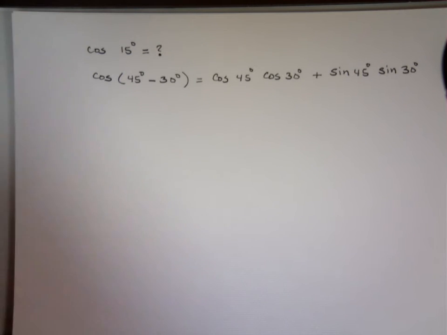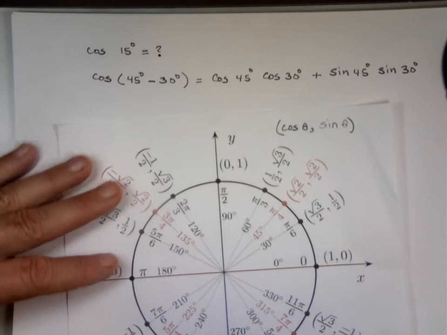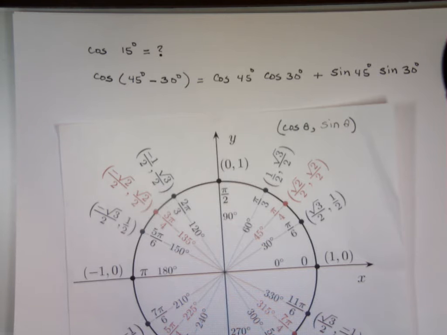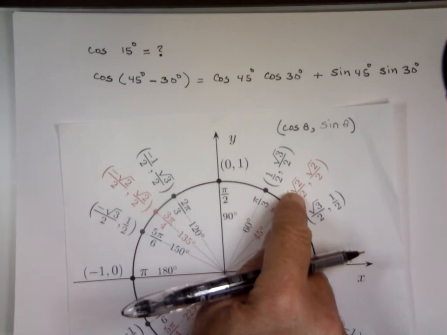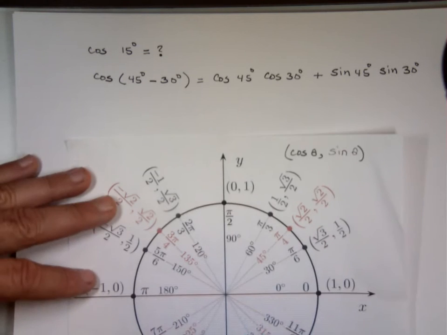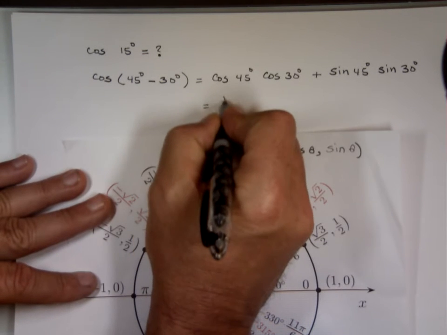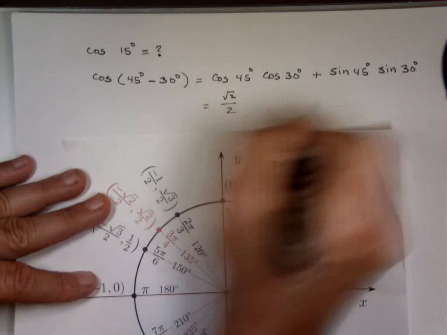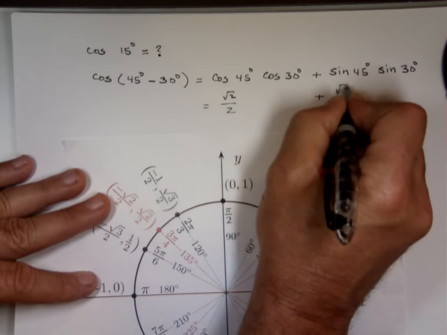Back to the unit circle, right here. Where's the 45 degrees? Here's the cosine, and here's the sine. The square root of 2 over 2. And for the sine of 45, the square root of 2 over 2.